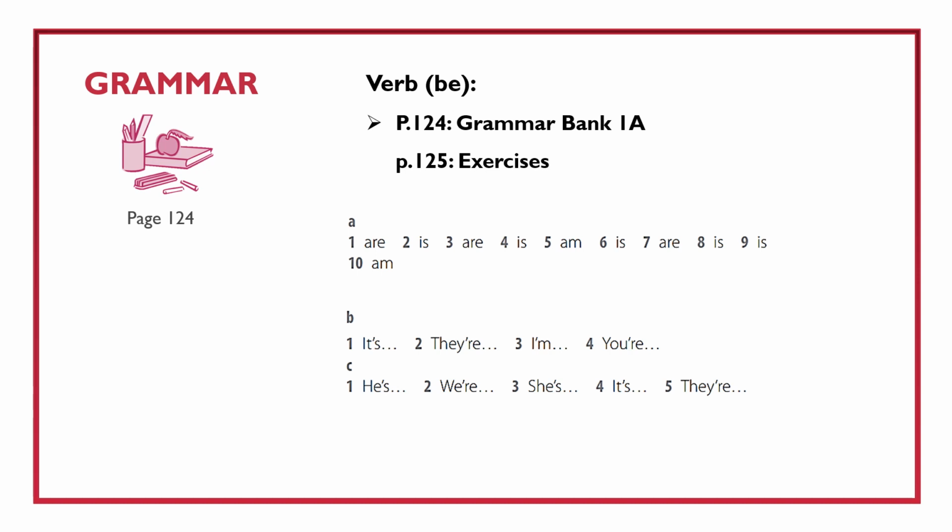So in he, H is capital because he is the first word in the sentence. But whether I is in the beginning or in the middle of a sentence, it doesn't matter. I should always be capital.